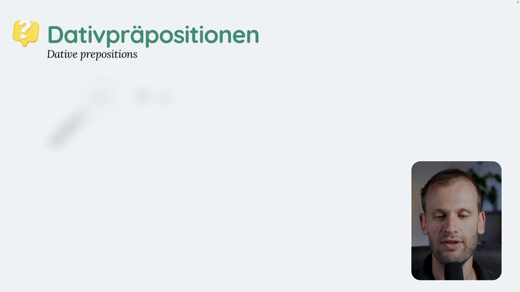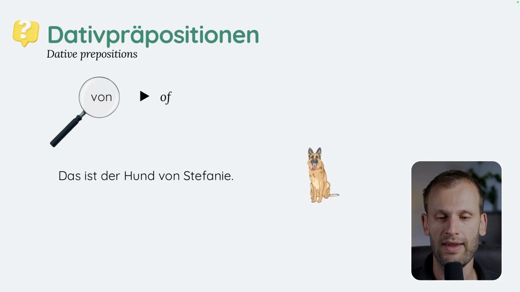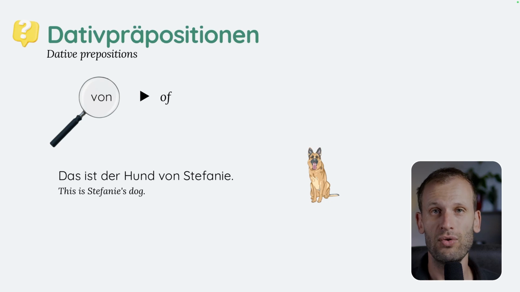Great. So, next preposition is von. Das ist der Hund von Stefanie. So we mainly use it for possession. Der Hund von Stefanie. In English, this is Stefanie's dog. We also have the genitive case in German, so we could have also said, das ist Stefanies Hund.